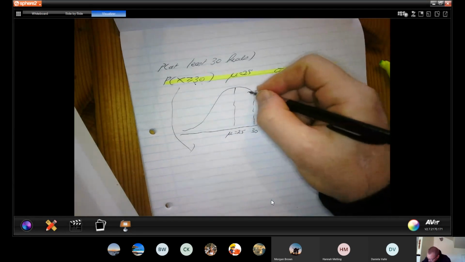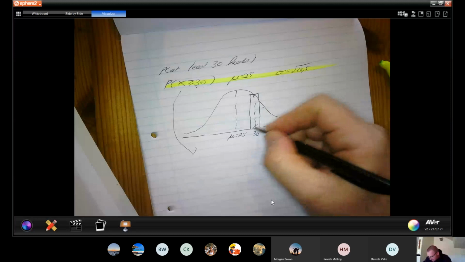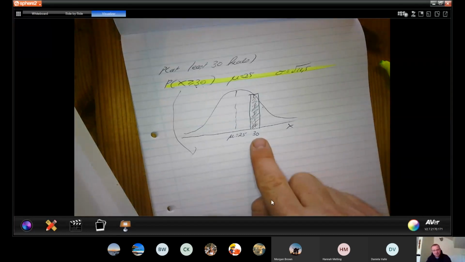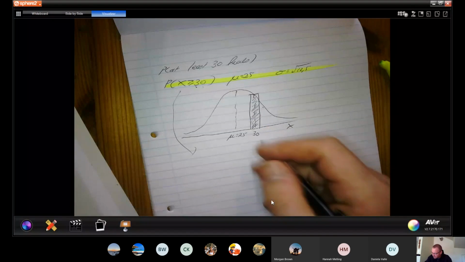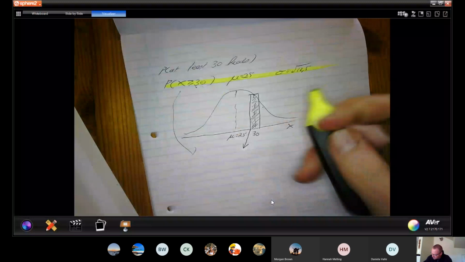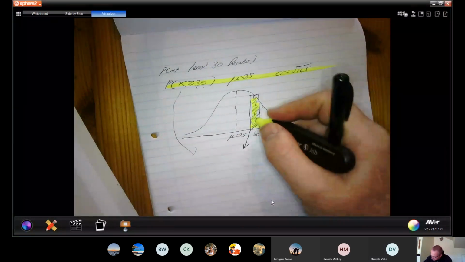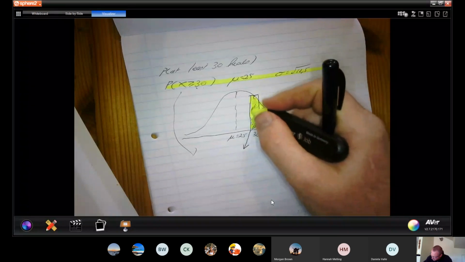You're only doing this for the binomial approximation. So in this case, do I want the 30 bar? Yes, I do. The edges of each bar are at .5, so my correction means that if I want to include the whole of the 30 bar, I want this whole region over here. So what am I going to look for?